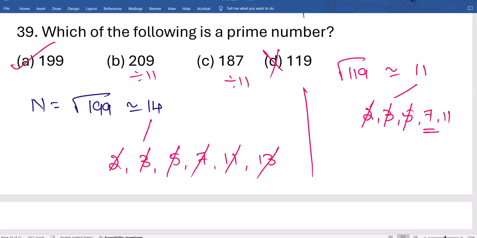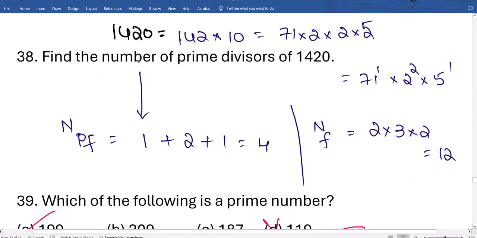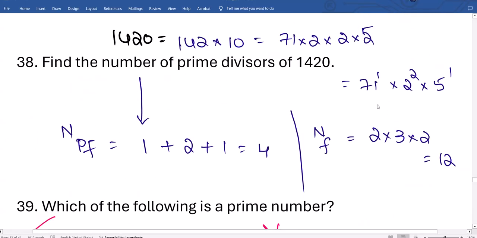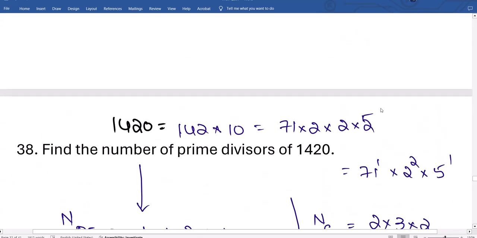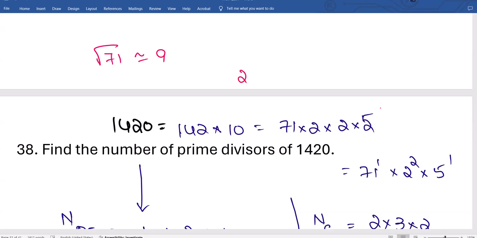If it is a big number also, how are you going to decide? Let's say previously I had 71. I said 71 is a prime number here. Some of you may have a doubt: what do we have to do to check if 71 is a prime number or not? Square root of 71 is approximately 9, less than 9 in fact. Let us say 9 also, let it be. What are the prime numbers? 2, 3, 5, 7. Is 71 divided by 2?